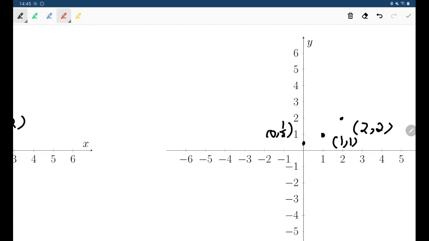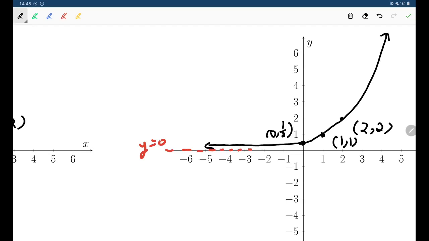And I still have my horizontal asymptote. And the general shape of the graph is still the same. Exponential growth is happening here. There we go, tapering off to that horizontal asymptote.